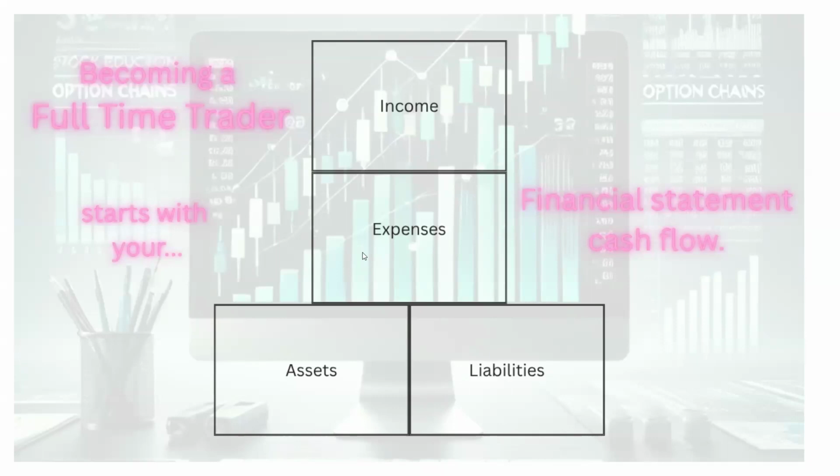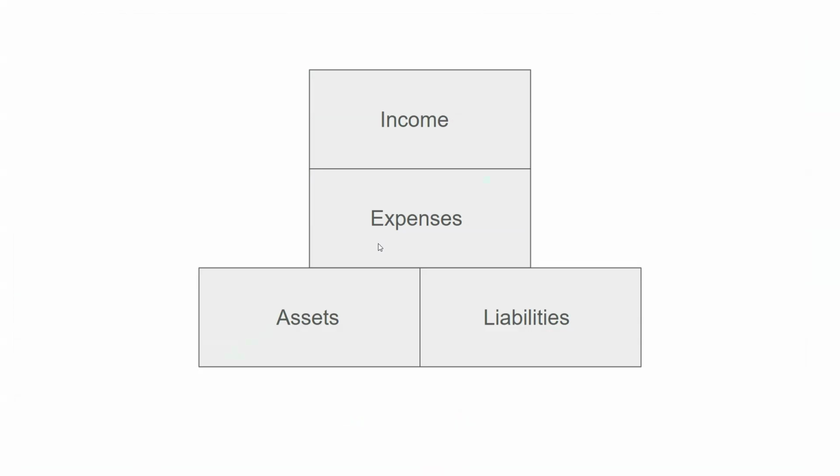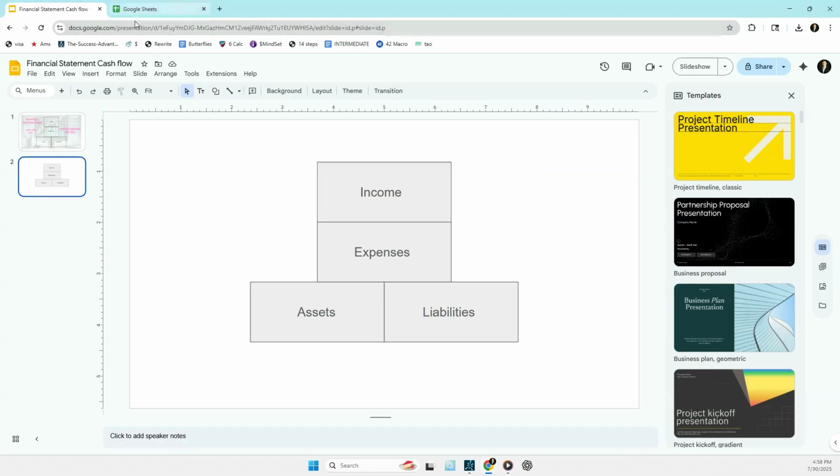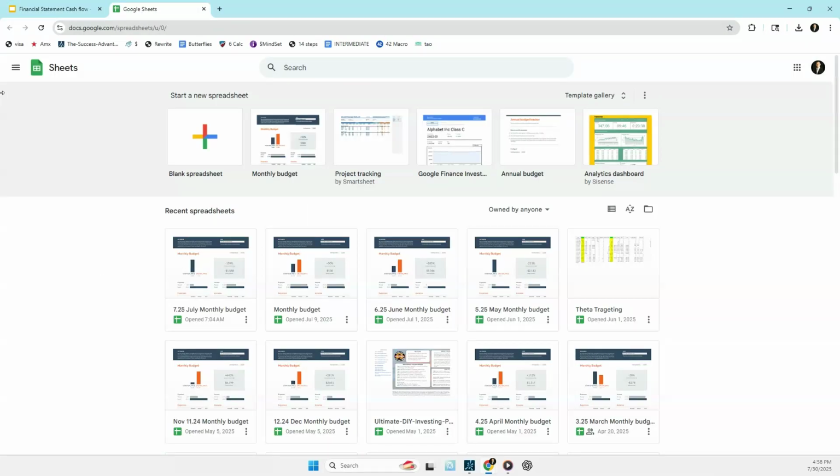A really basic way of figuring out this one right here, and where I started, is this free monthly budget from Google Spreadsheets.